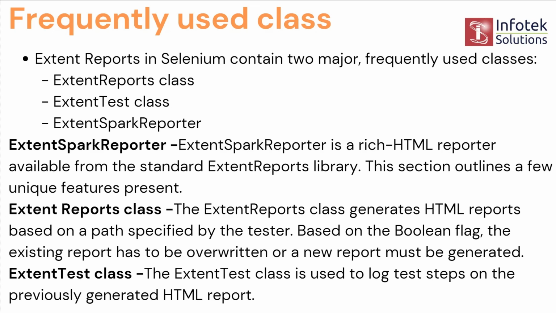After generating the report, if you want to extend that report to the Spark reporter, we do that through ExtentTest. So in this section, we are going to use these three classes: ExtentReports, ExtentTest, and ExtentSparkReporter.